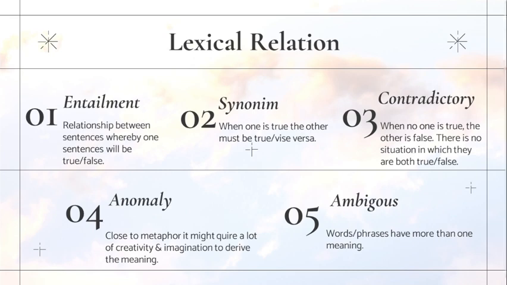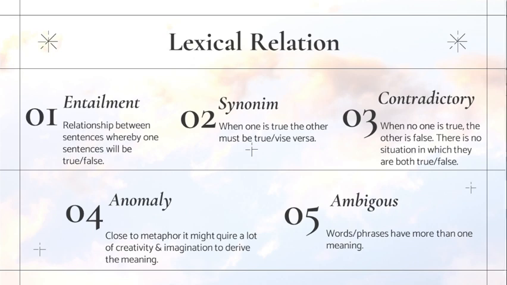There is no situation in which they are both true or both false. For example, A. Jack is in the school. B. Jack is sick. These two sentences have different meaning because if Jack is in the school, it is not true that Jack is sick, and vice versa.